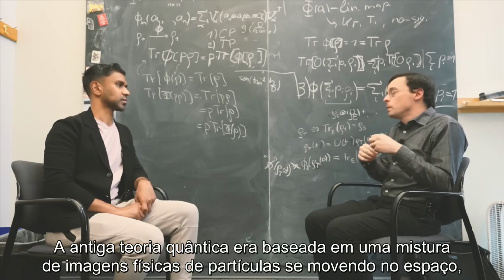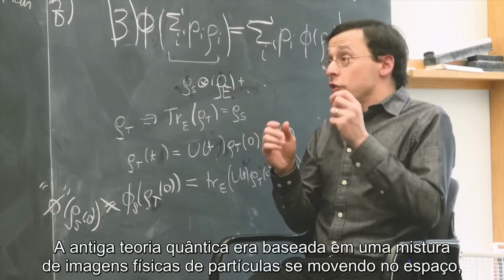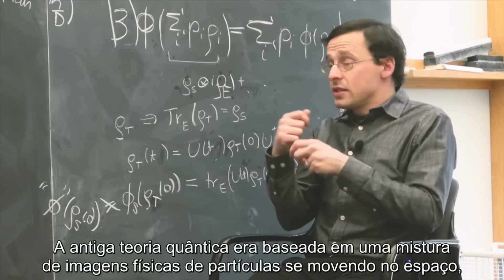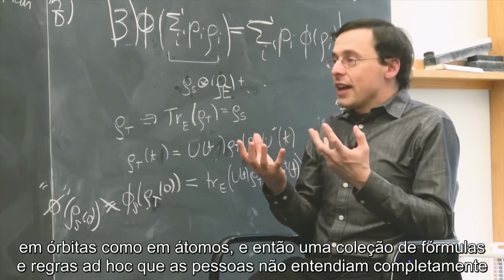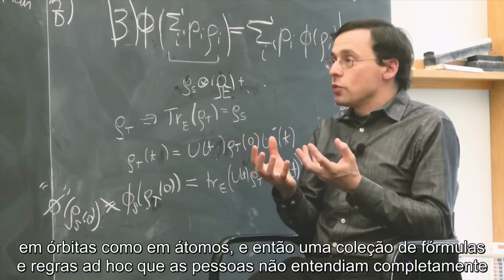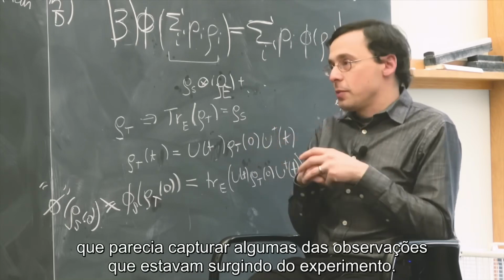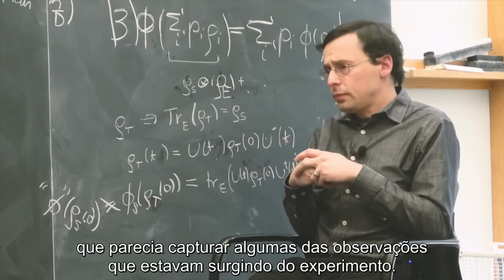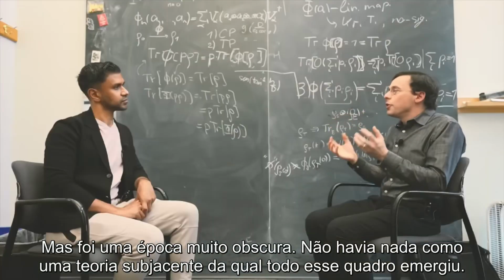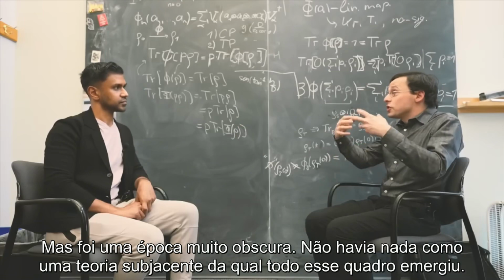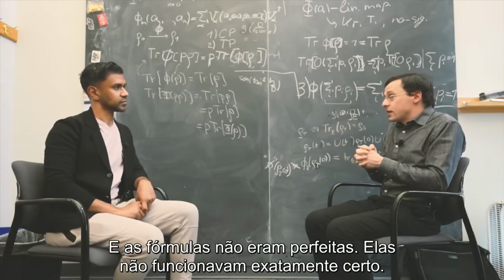The old quantum theory was based on a mixture of physical pictures of particles moving around in space, in orbits, like in atoms, and then a collection of ad hoc formulas and rules that people didn't fully understand that seemed to capture some of the observations that were coming out of experiment. But it was a very murky time. There wasn't anything like an underlying theory from which this whole picture emerged. And the formulas weren't perfect. They didn't work exactly right.